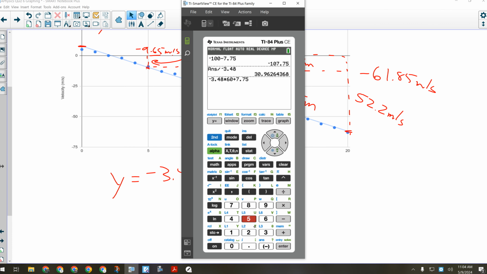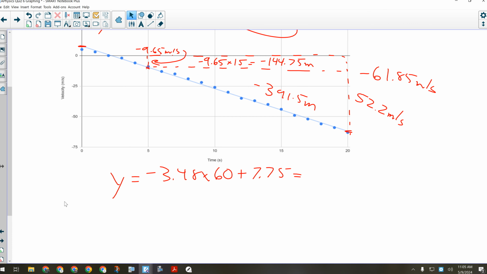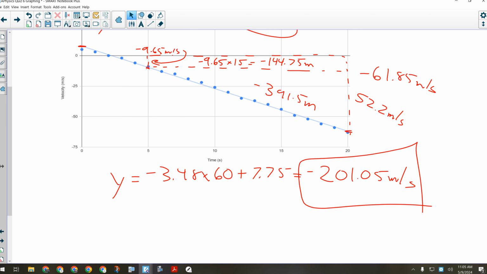Negative 201.05 meters per second after 60 seconds. Questions on that? Is that making some sense?